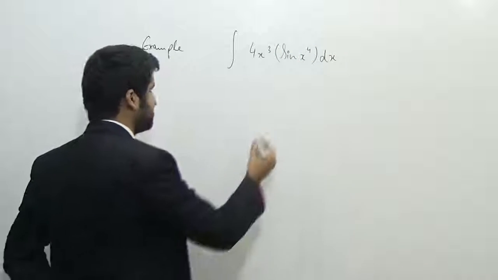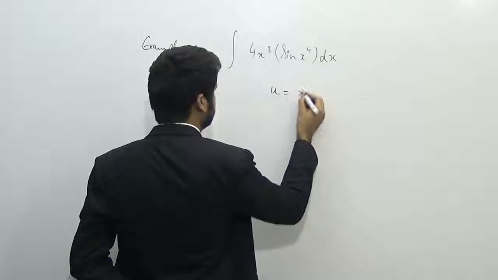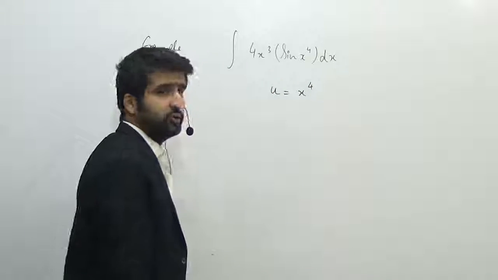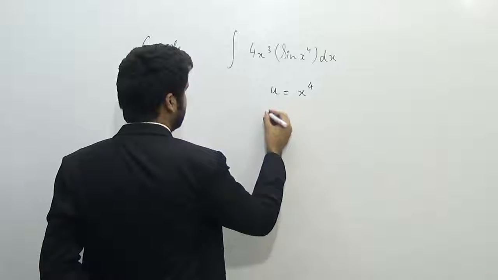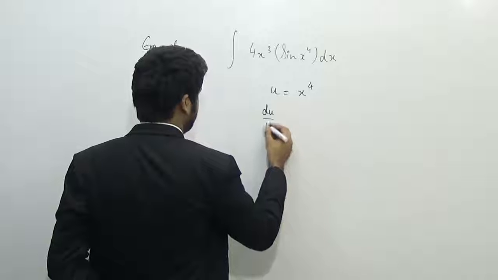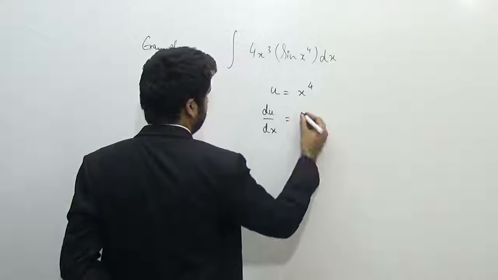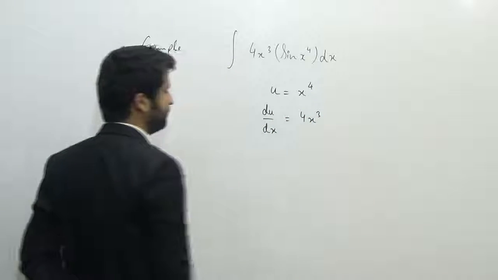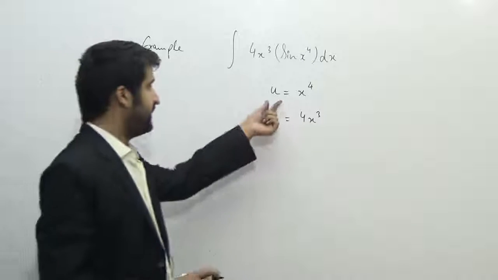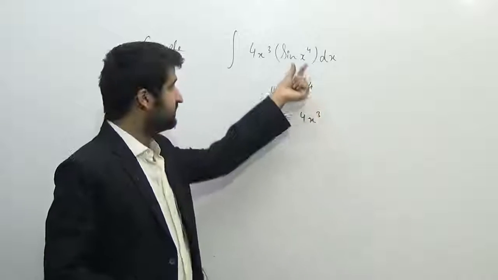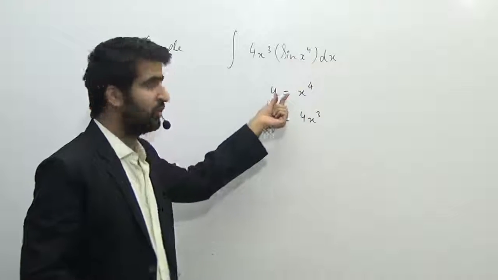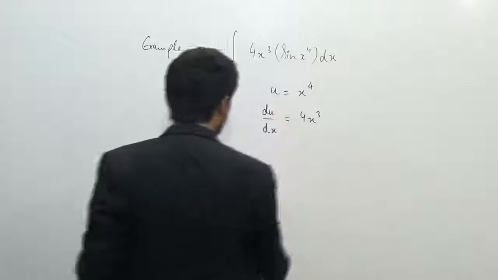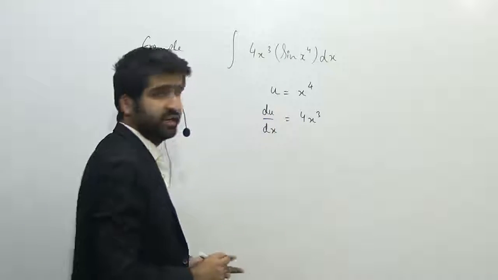So first of all, the first step will be assume x to the power 4 is equal to u. Then du upon dx can be written as 4 times x to the power 3. Now guys, remember, whenever you substitute the inside function in case of a composite function as u, you have to differentiate this u and see what is the value of du upon dx.